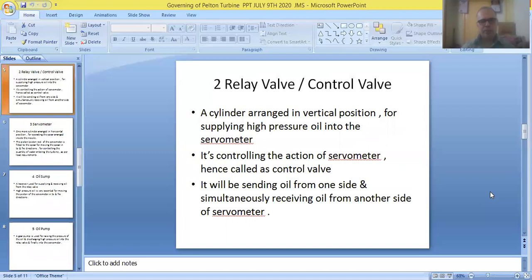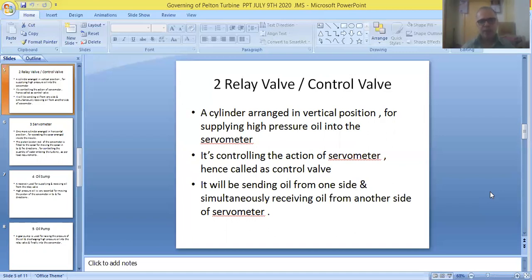And as informed earlier, it will be sending oil to one side of the servometer, and at the same time, simultaneously, it will be receiving oil from another side of the servometer. So that means if it is sending oil from the left hand side of the servometer, it will be receiving oil from the right hand side of the servometer.